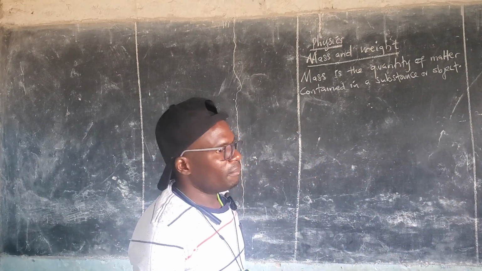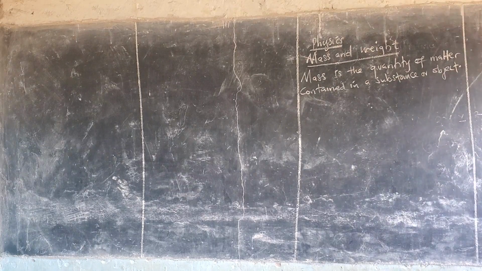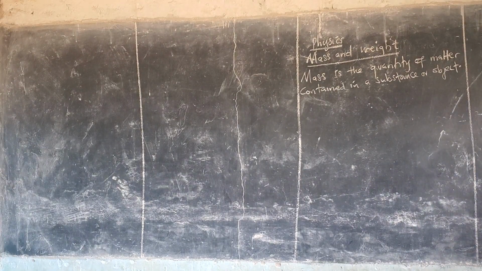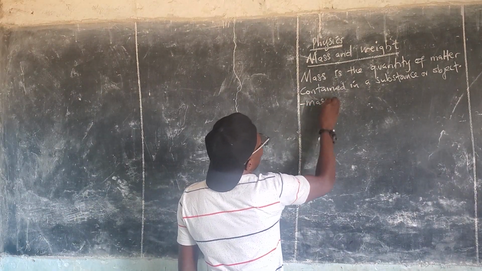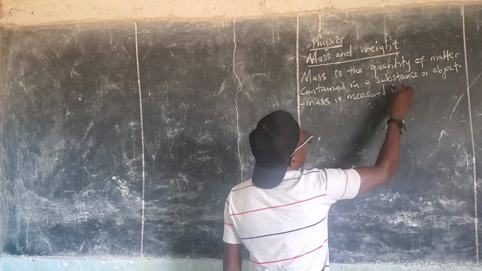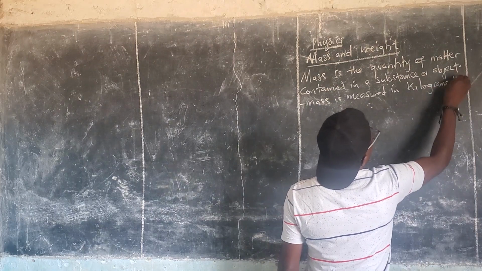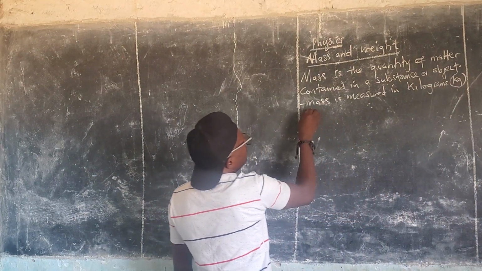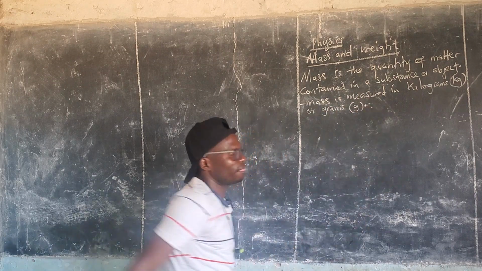So mass is the quantity of matter contained in a substance or in an object. Now, when you look at mass, we're saying that mass is measured in kilograms, which is kg, or sometimes we can measure it in grams, which is g.